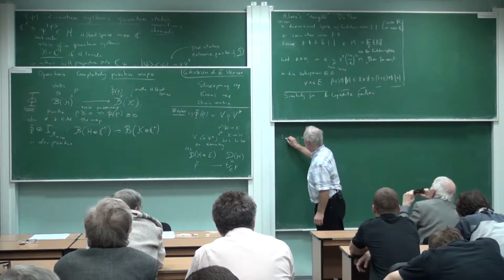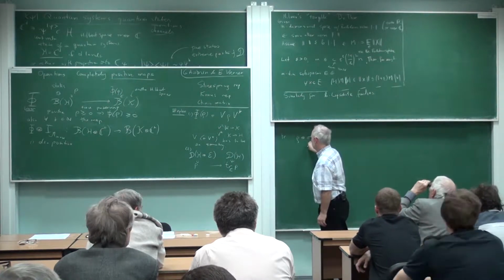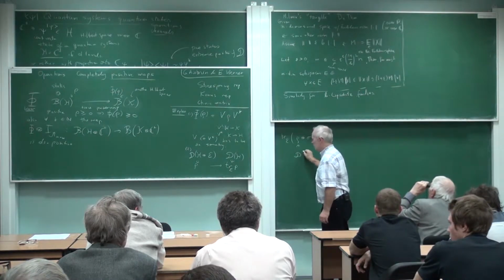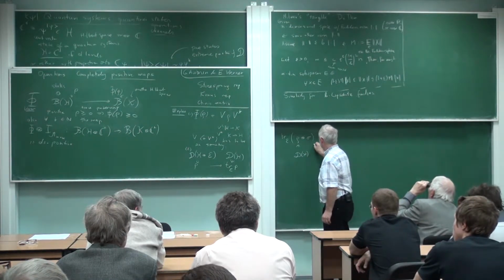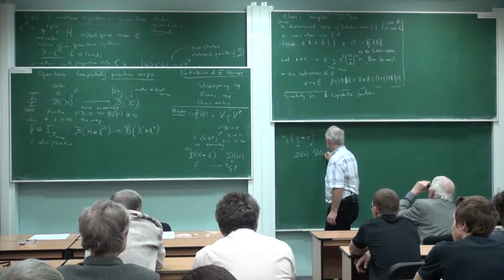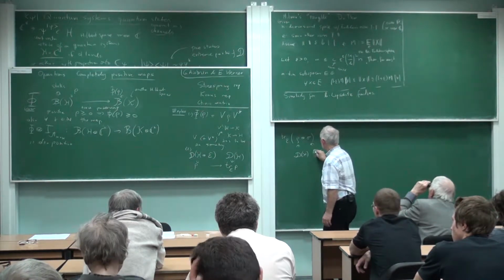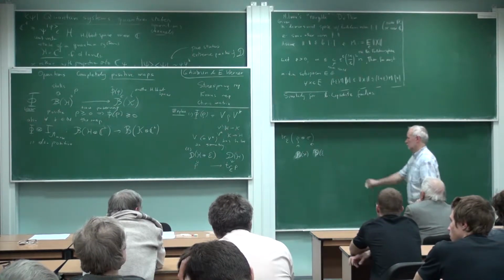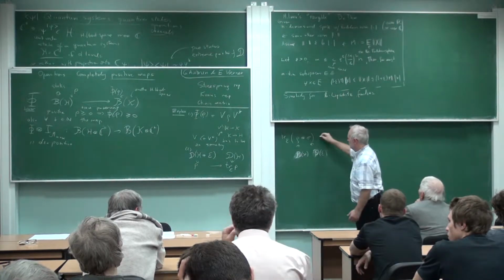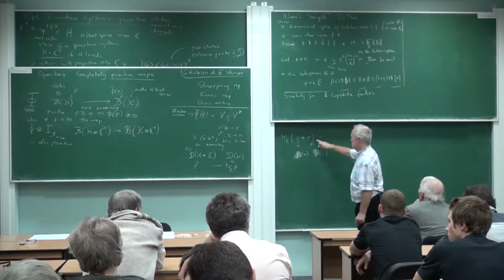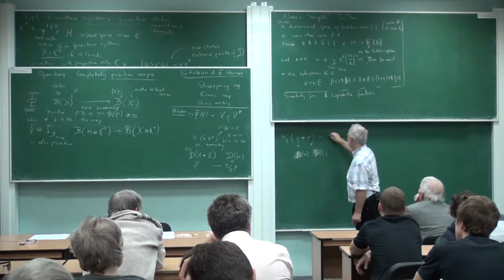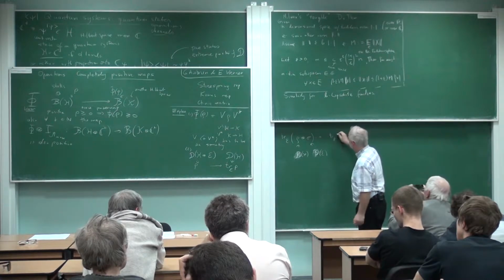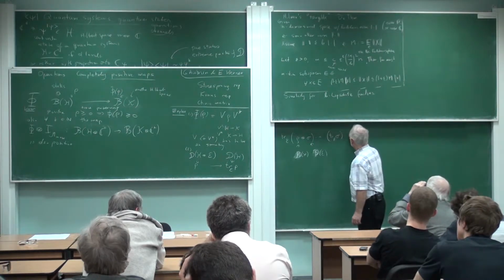So partial trace with respect to the second system, where rho is in D of H, and sigma is in D of E, or more generally in B of E, just any operators, equals, by definition, you trace the second factor: trace of sigma times rho.